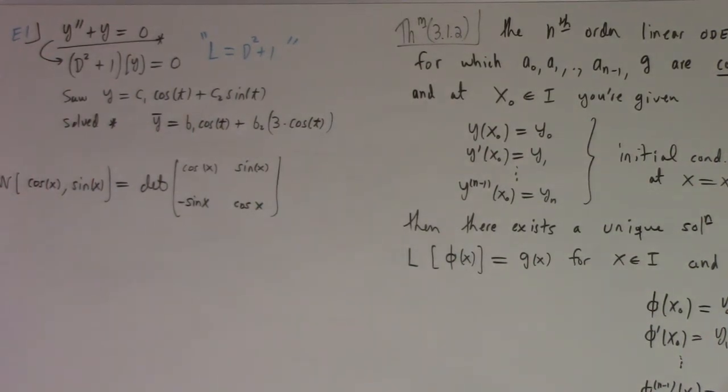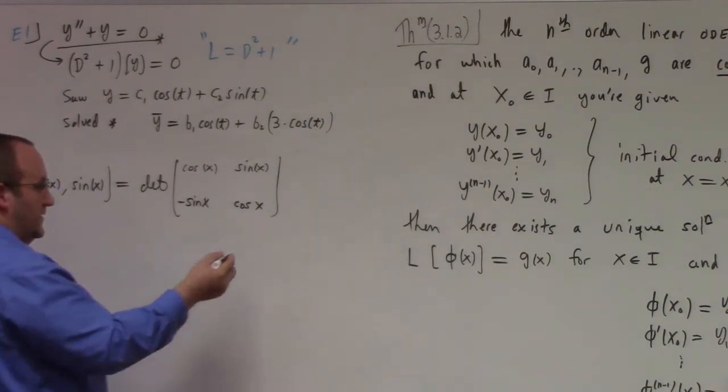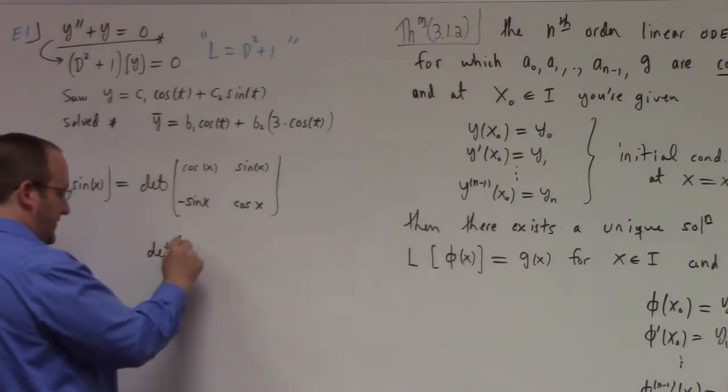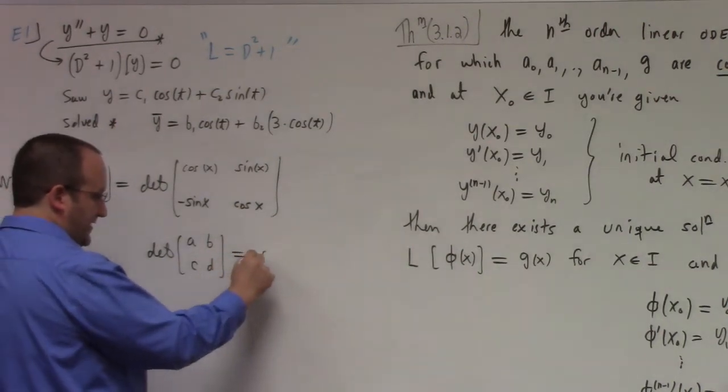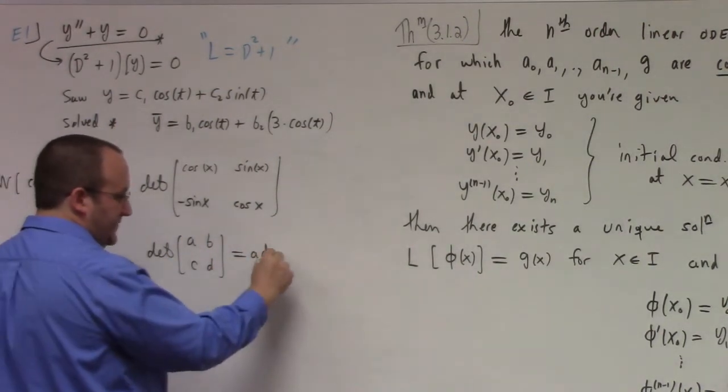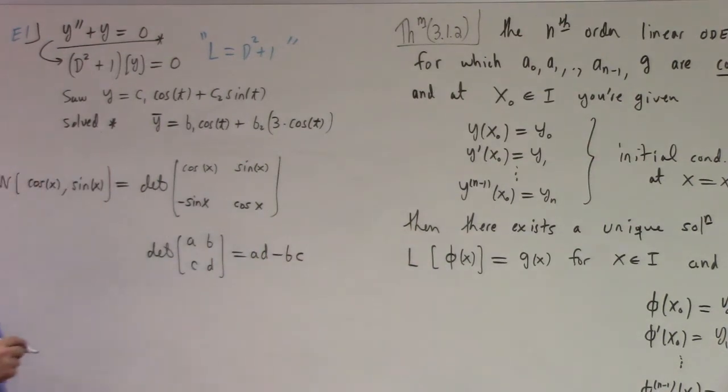How do you take the determinant of a 2 by 2 matrix? Generically speaking, if we have A, B, C, D, we do A times D minus B times C. Anyway, that's the definition of a 2 by 2 determinant if you didn't know it already.